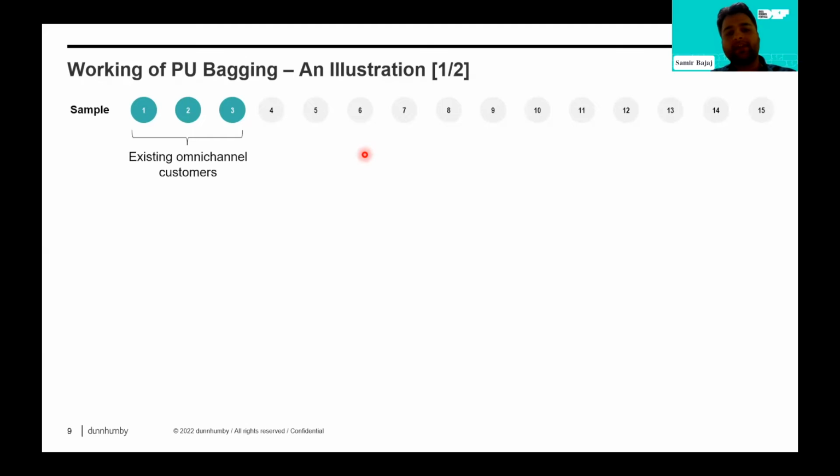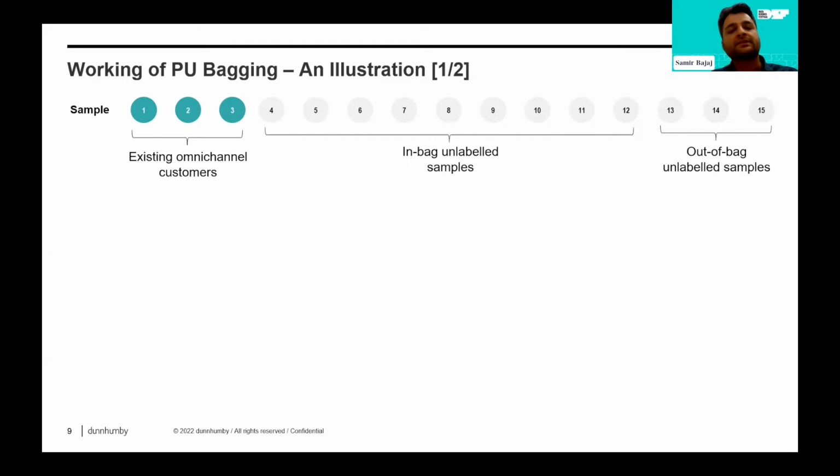On these unlabeled customers, we create one in-bag and one out-of-bag set. So let's say we sample customers 4 to 12 and put them in a bag. Let's imagine a placeholder bag, and we put all those unlabeled samples in the bag. And the remaining unlabeled customers, which are customers 13, 14, and 15, are kept out of bag. So those are the out-of-bag unlabeled samples.